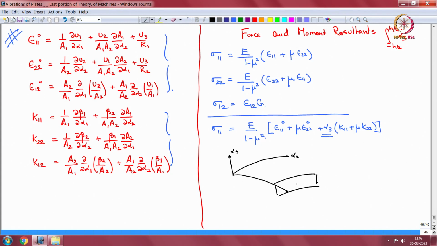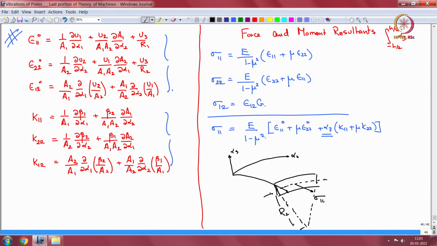Then sigma 1 1 will be coming out like this, and let us say this is the mid surface, and let us say hypothetically this is how it looks like. Okay, and this is R2, this here is R2.